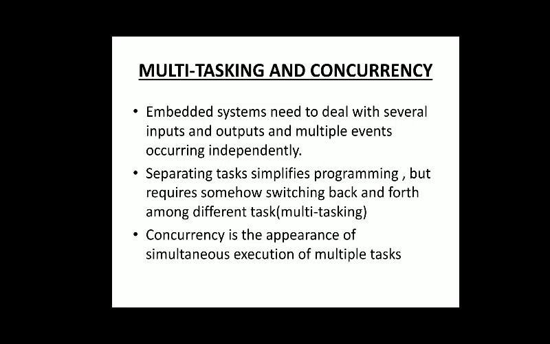Like in a mobile phone we have that switch which shows all the windows that are open, or in Windows we have the task manager that shows everything running right now. So we need such a program that can handle separating tasks and multitasking. And concurrency is the appearance of simultaneous execution of multiple tasks.